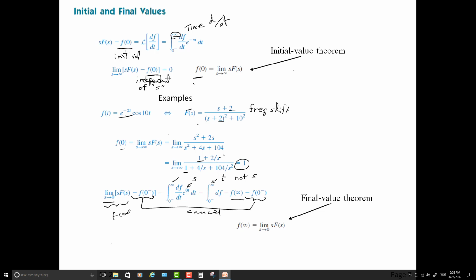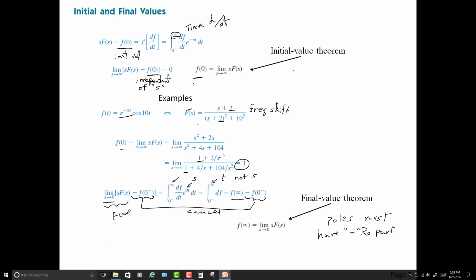And by the way, it's important to add that for the final value theorem to hold, the poles must have negative real parts.